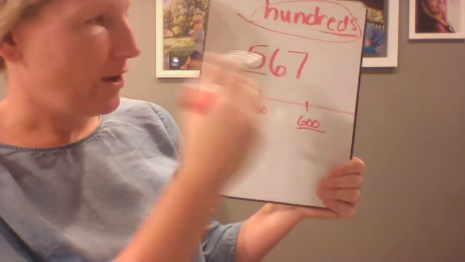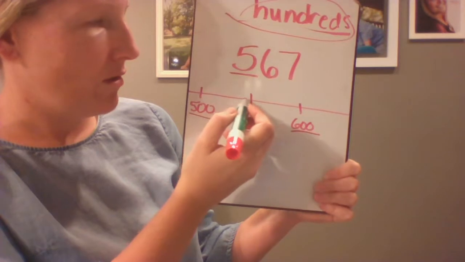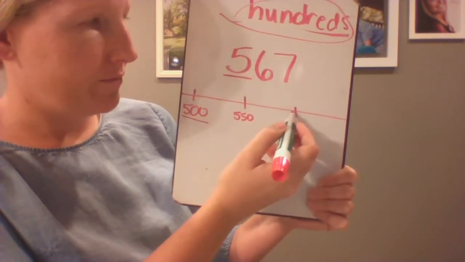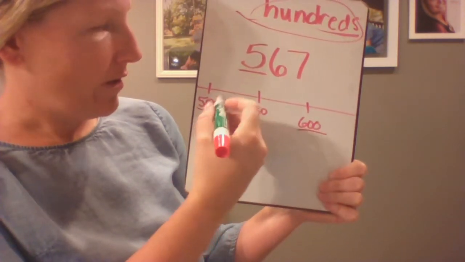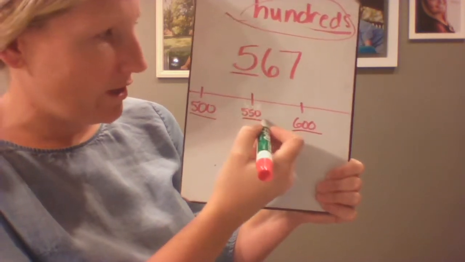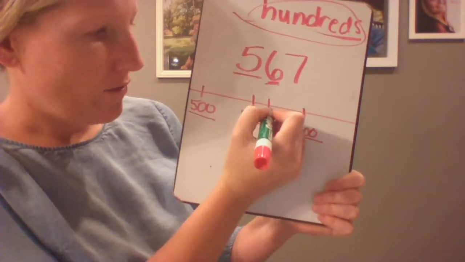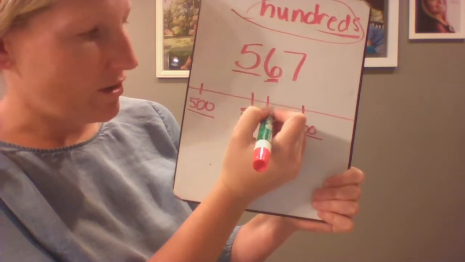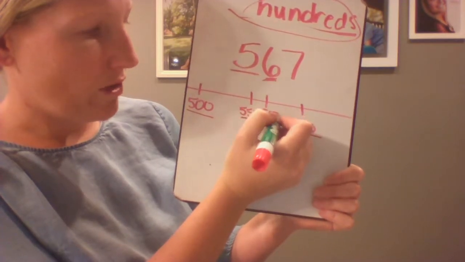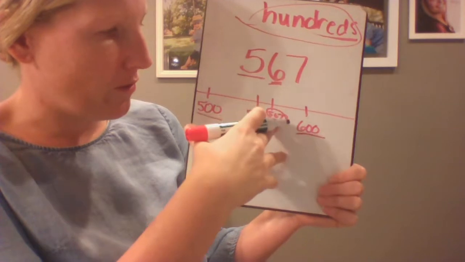Now you need to think about, does 567 fall over here, or does it fall over here? Well, if I count up 510, 520, 530, 540, 550, I haven't hit any 560s yet. So I know 567 is going to be somewhere around there. Maybe a little bit further that way, but somewhere around there.